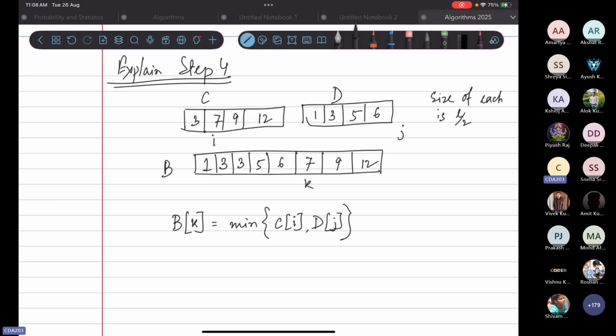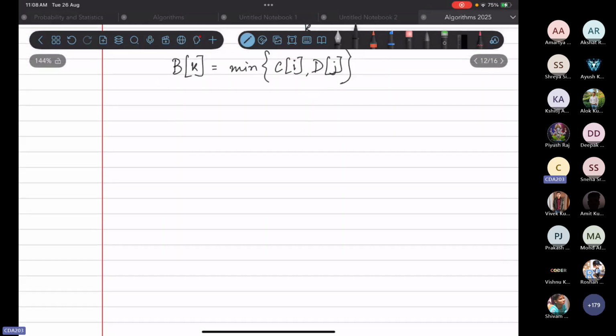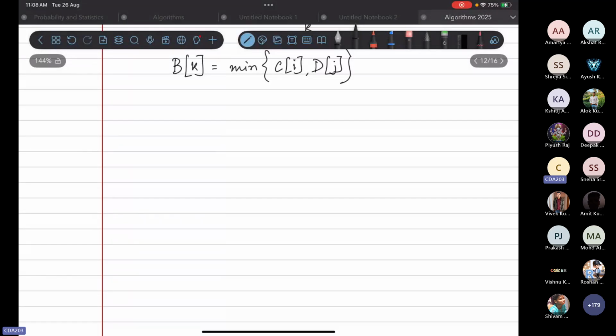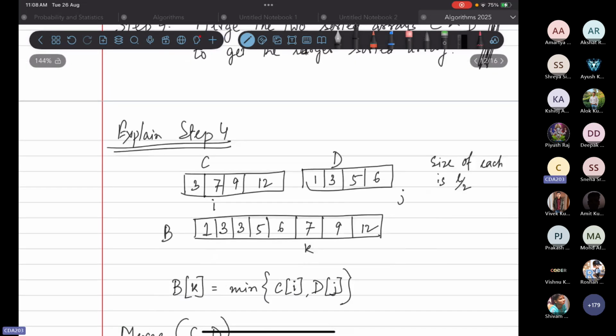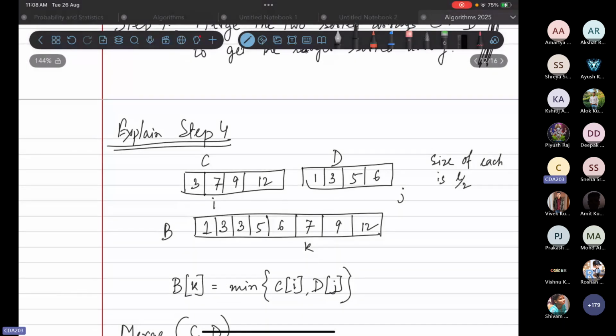Okay, fine. Now, so that things will be concrete, I'll write the pseudocode for this. I'll name this function merge, merging of two arrays, C and D. If L is odd, no harm in it, but in that case, it's not always going to be L by 2 and L by 2.